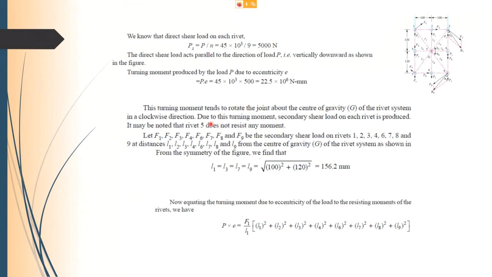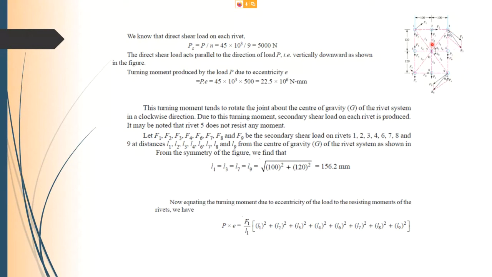So due to this turning moment, a secondary shear load on each rivet is produced. Secondary shear load, that is your F1, F2, F3, F4. You can see the direction of turning is in the clockwise direction as well.